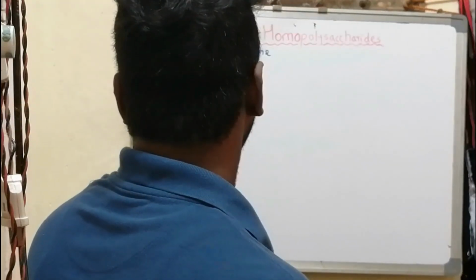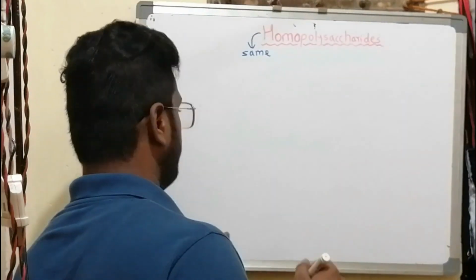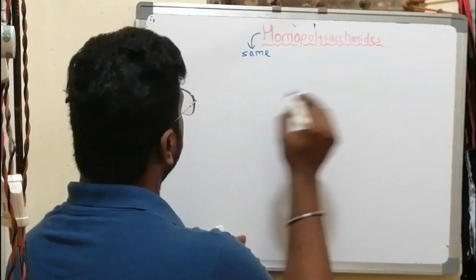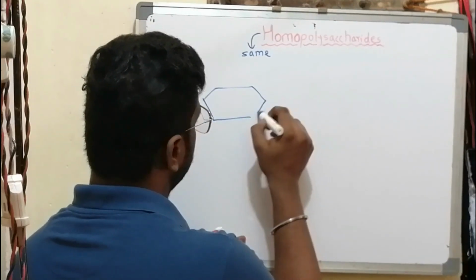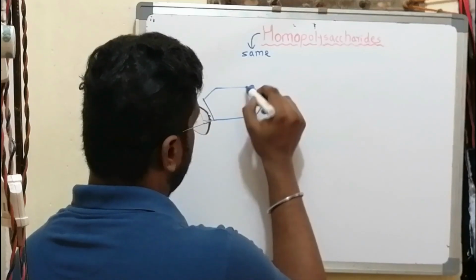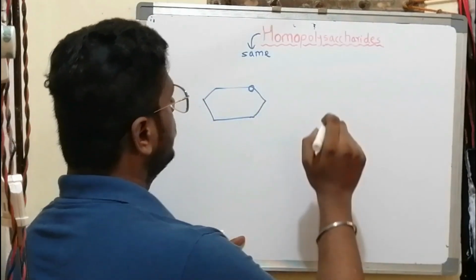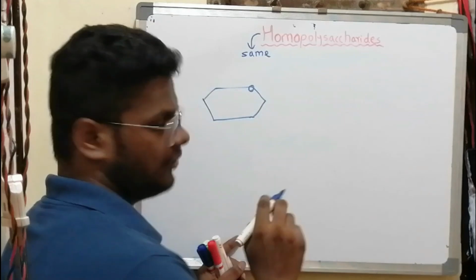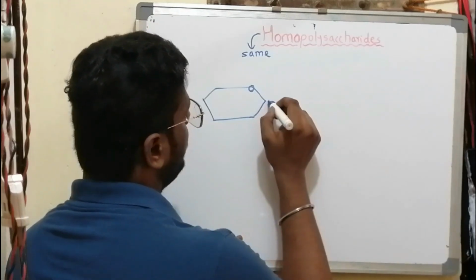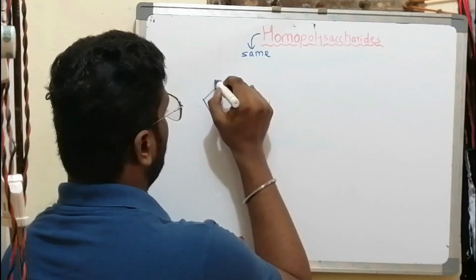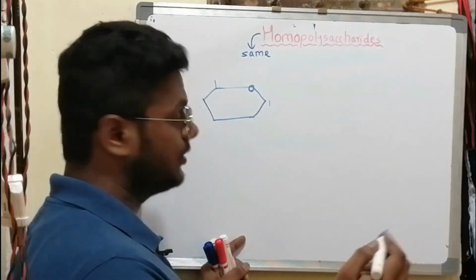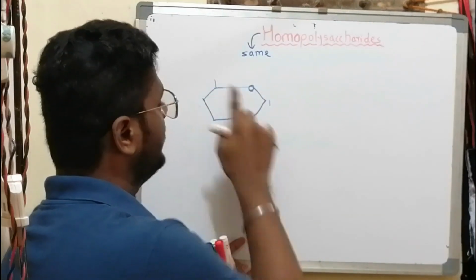So if I have to draw a glucose molecule in Haworth projection, just draw a hexagon first and put oxygen here. And now listen carefully. This is C1, C2, 3, 4, 5, and the 6th carbon will be tailing outwards because the 6th carbon is not included in this ring.